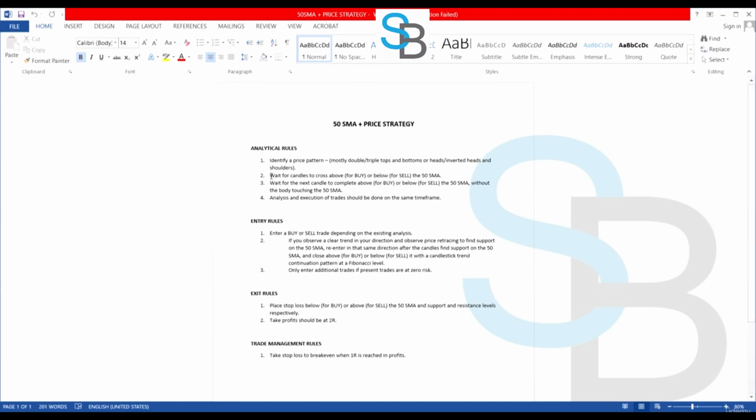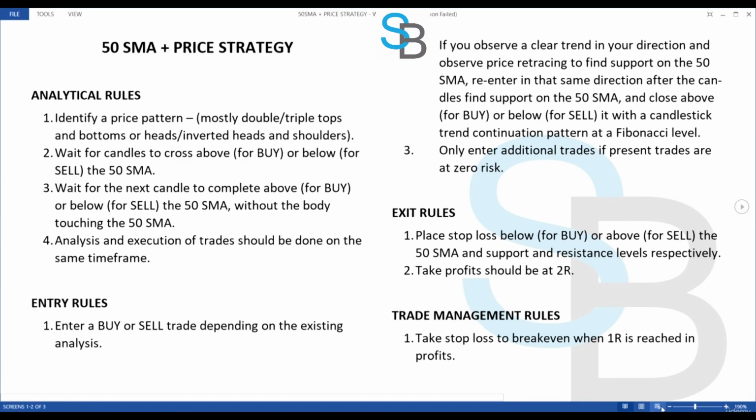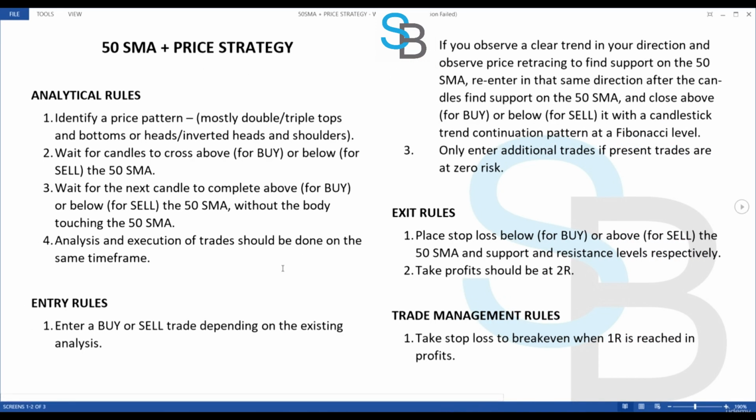In here you can see the analytical rules, what to look out for, the entry rules, the exit rules, and the trade management rules. So these are the things you should look out for. I'm just going to expand this so we can have an expanded view.